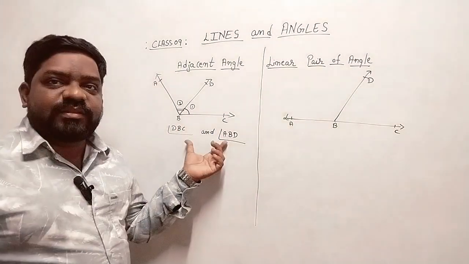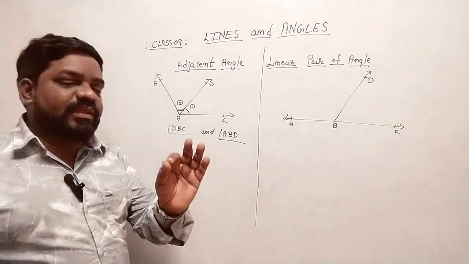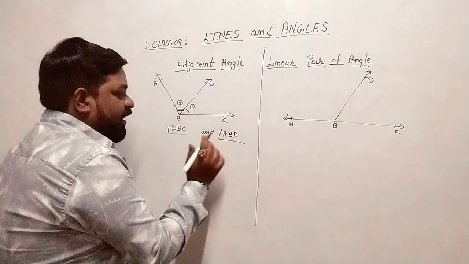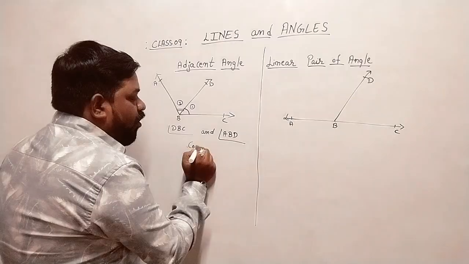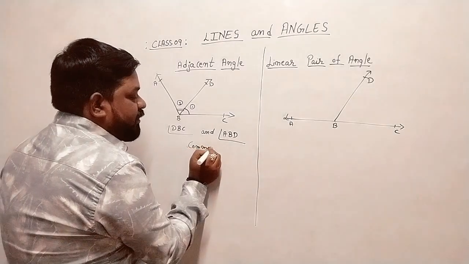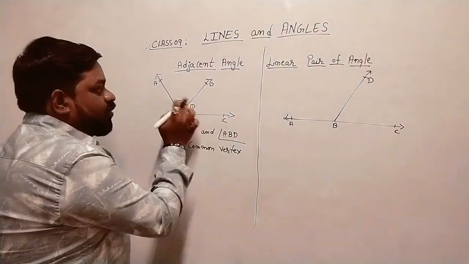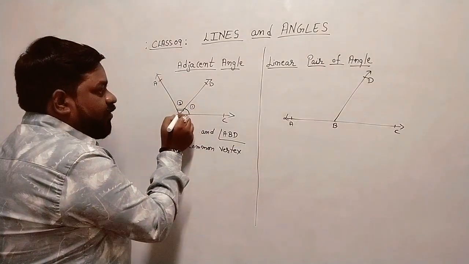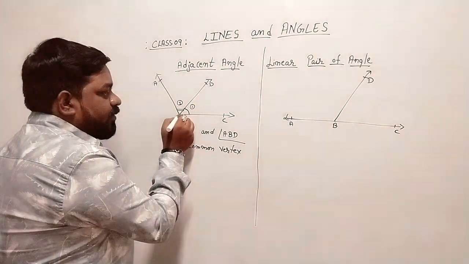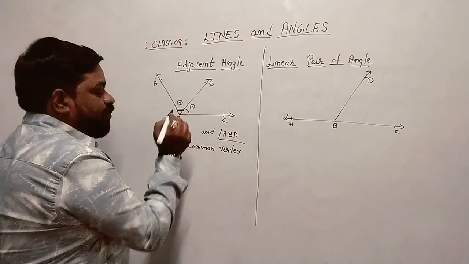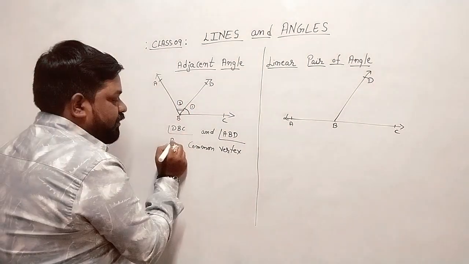For these two angles to be adjacent angles, there is a condition: both the angles should have a common vertex. So here in these two, which is the common vertex? For angle 1, B is the common vertex, and also for angle 2, B is the common vertex.